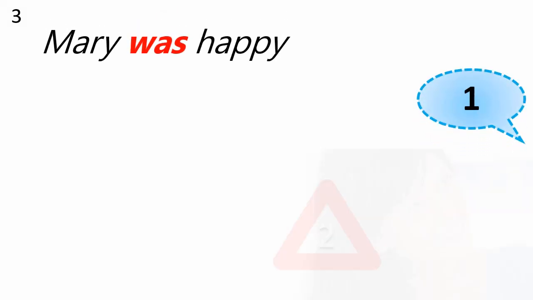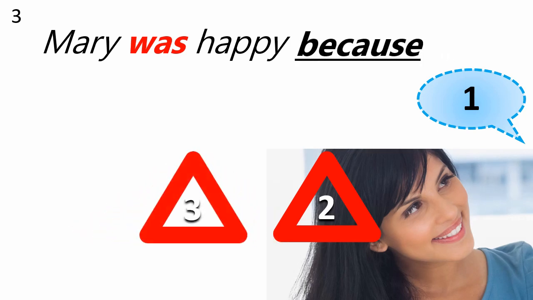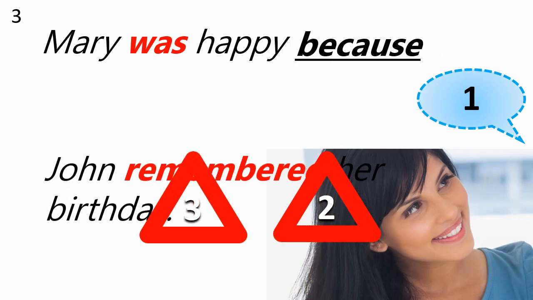Now, after teaching this had plus red form structure, I need to remind you that English speakers very often will simplify all of these sentences if the situations are clear. English speakers will say, for example, Mary was happy because John remembered her birthday.